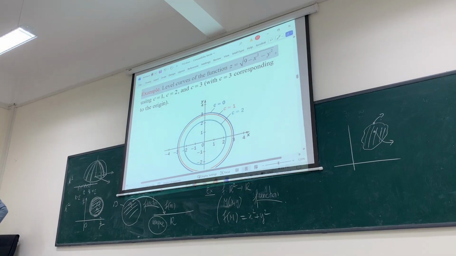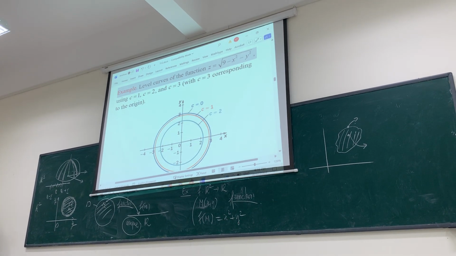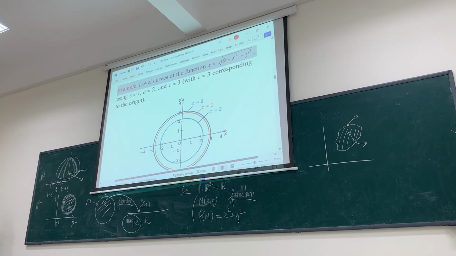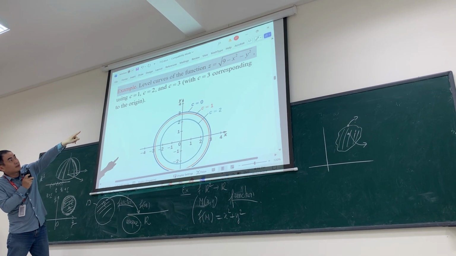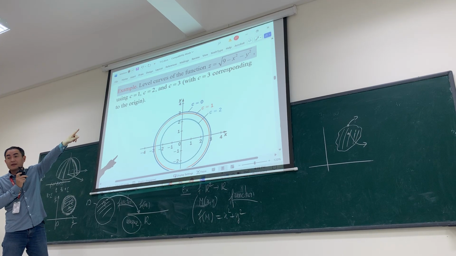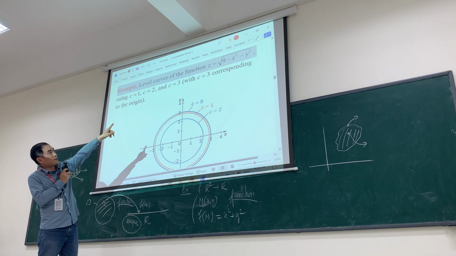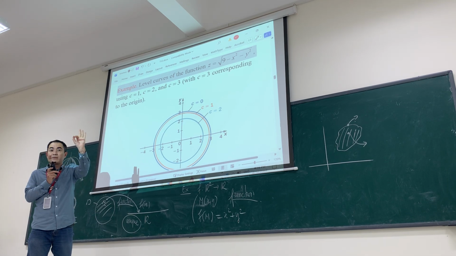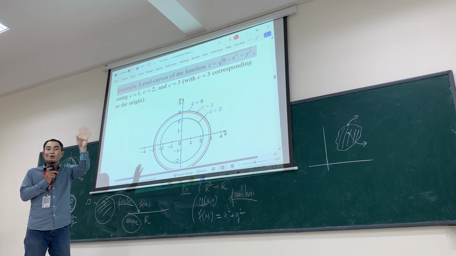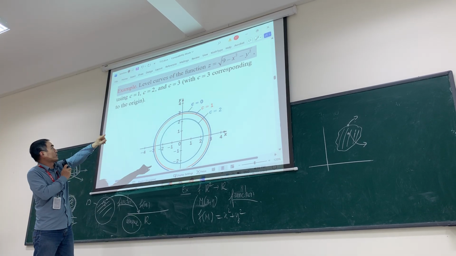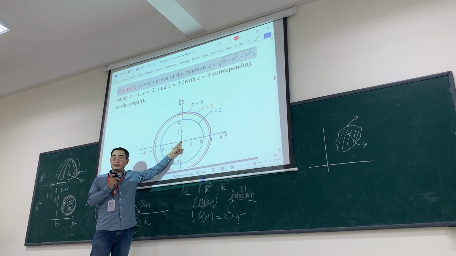If we take c equal 3, what do you think? If we take c equal 3, that means z equals 3. Z equals 3 means x squared plus y squared equals 0. The level curve corresponding to c equal 3 is only one point. Only one point.